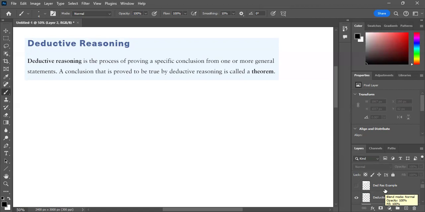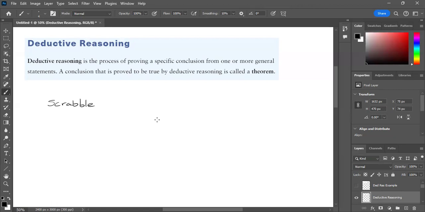So let's think of some examples, and I've got some that I'll show here in a minute, but let's go to the game Scrabble. Scrabble is a game in which you place letter tiles on the board and try to spell words. Now, there are certain rules in the game of Scrabble.